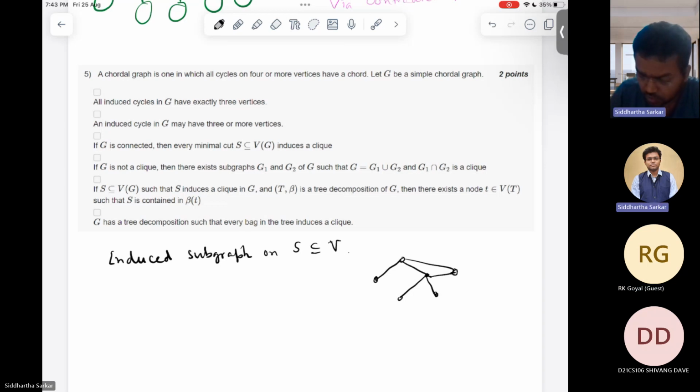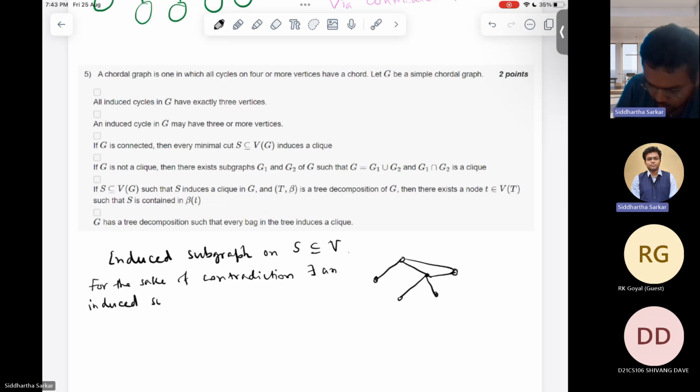Now suppose, for the sake of contradiction, that there exists an induced subgraph or cycle on 4 vertices, more than 3. That means you have a vertex 1, a vertex 2, a vertex 3 and 4, and they form a cycle.